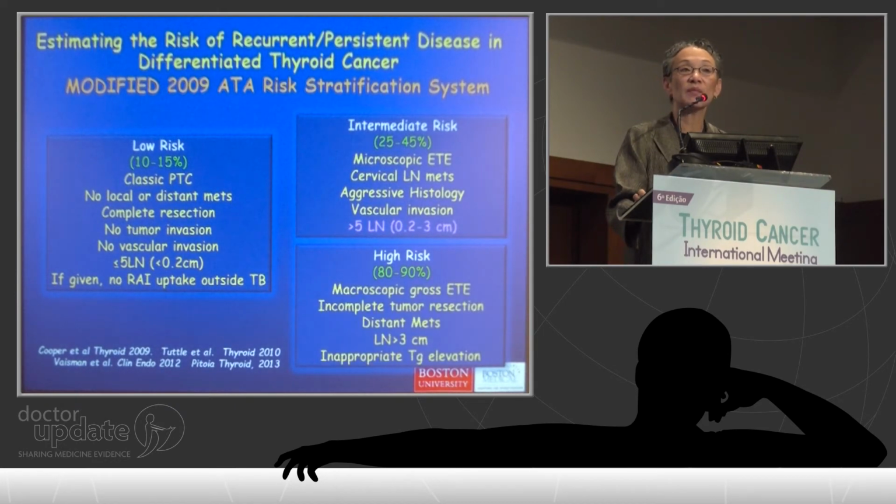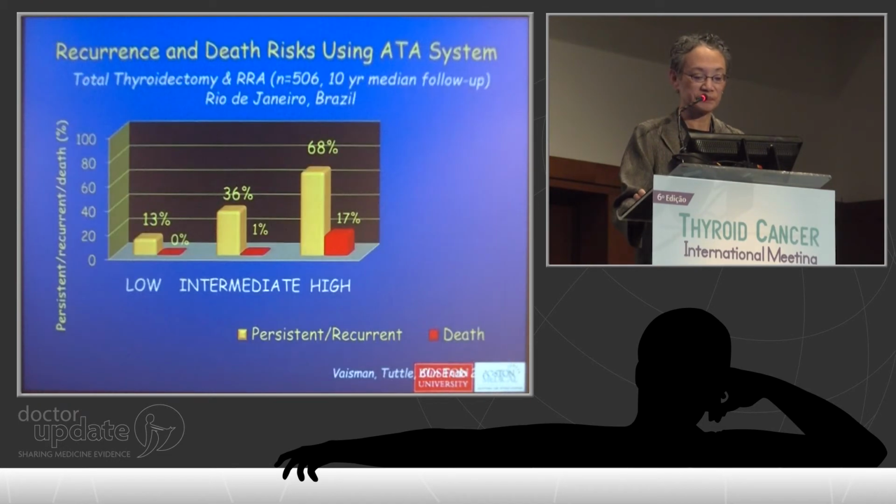High risk is going to be macroscopic or gross extrathyroidal extension, incomplete tumor resection, distant metastases, lymph nodes that are very large, larger than 3 centimeters, and those patients who have an inappropriate thyroglobulin 4 to 6 weeks after surgery, suggesting that there's still persistent disease.